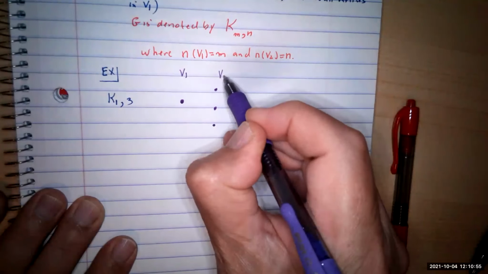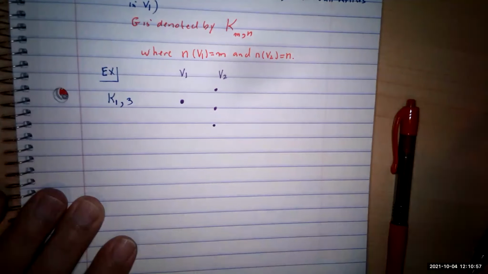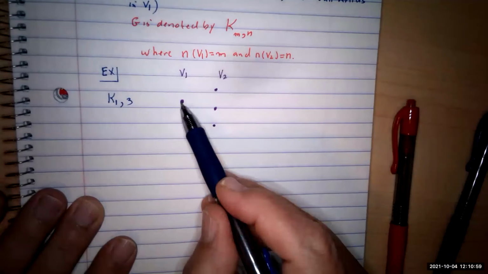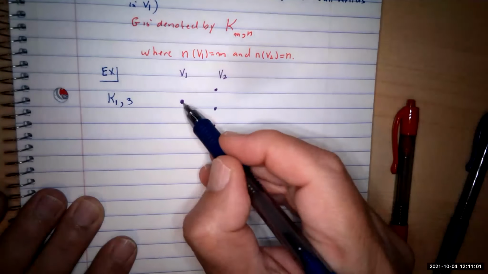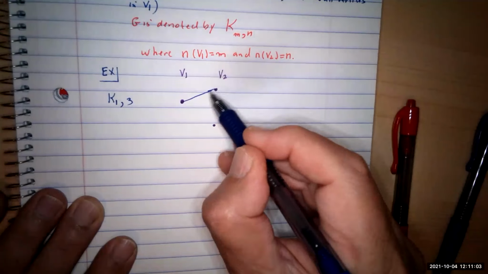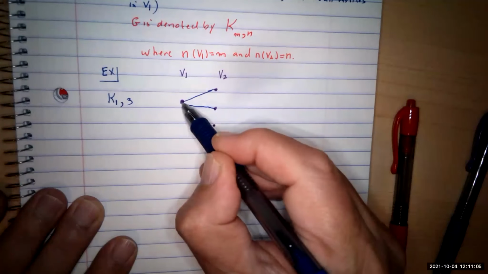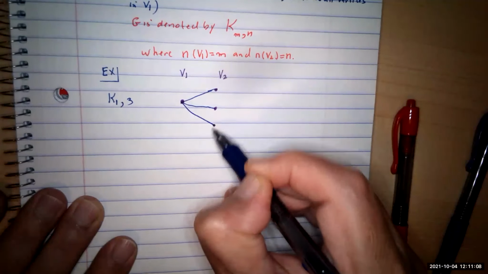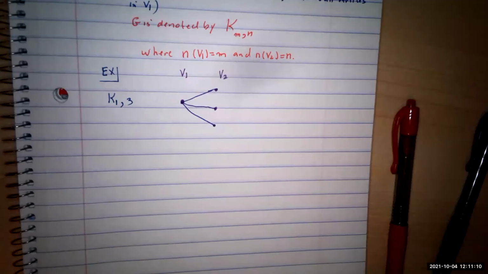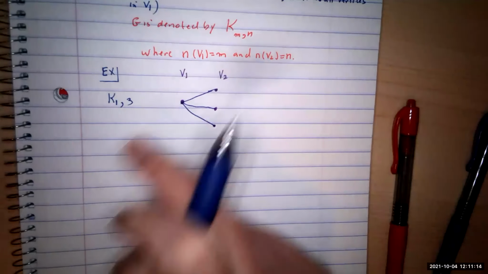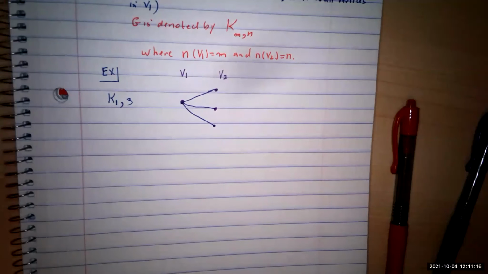On the other side, you get all of V2. Remember the condition: connection between all. You connect each of one group to the other one only. Remember, you cannot connect these together or connect these together. That's a K1,3. Any question?